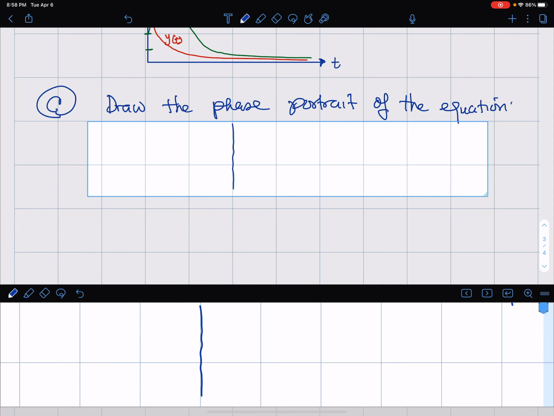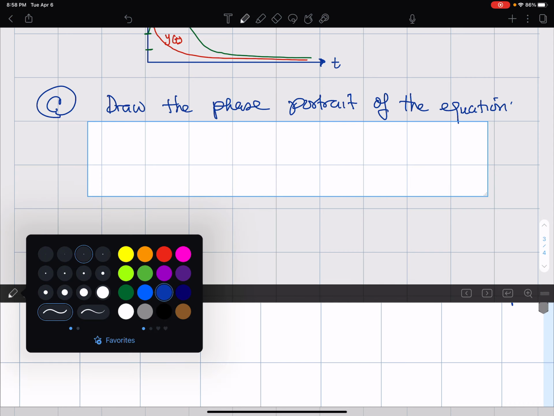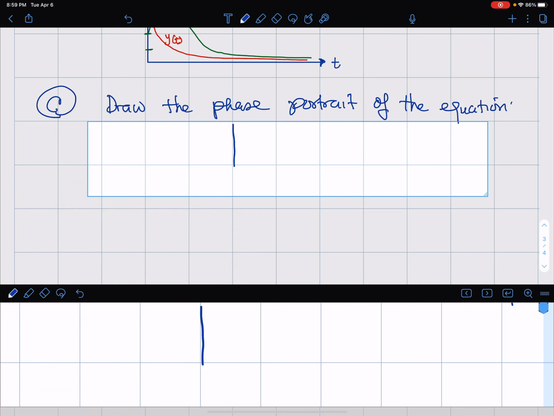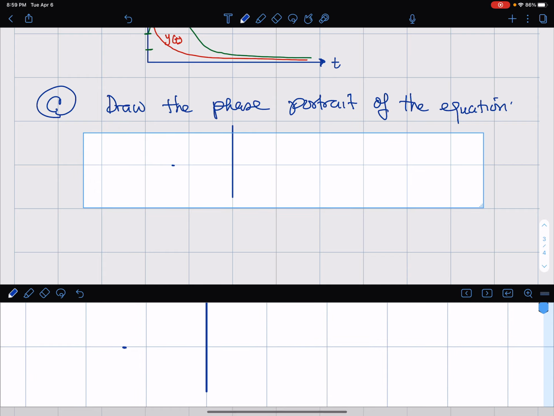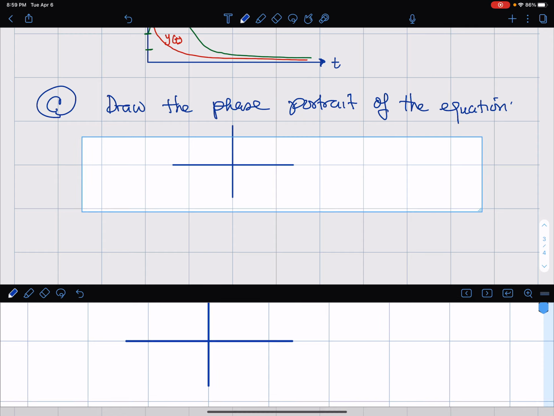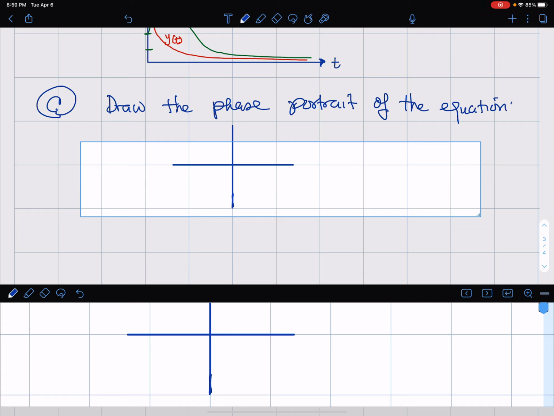We're going to have the x-axis, this is x of t, and this is y of t. Okay.